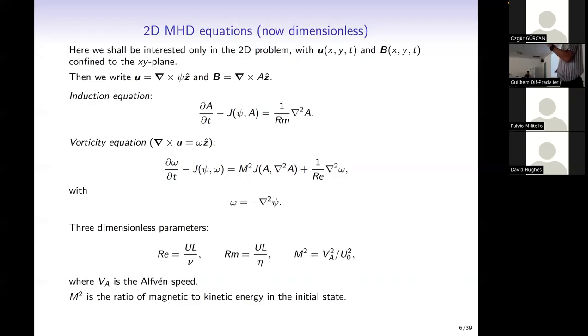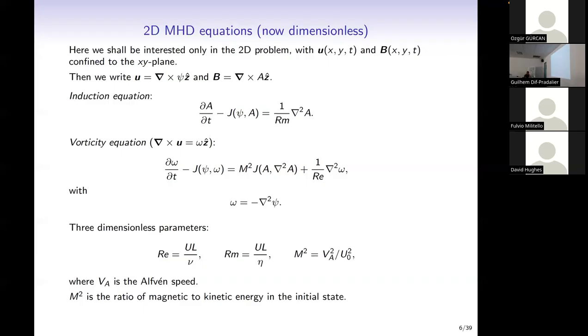So there are two equations and an inversion, if you like, and three dimensionless parameters. For the purposes of this talk, two of them are going to be absolutely crucial, one of them less. So the parameters are the standard Reynolds number, the magnetic Reynolds number, like the Reynolds number with the magnetic diffusion underneath, and this quantity, what I'll call M squared.